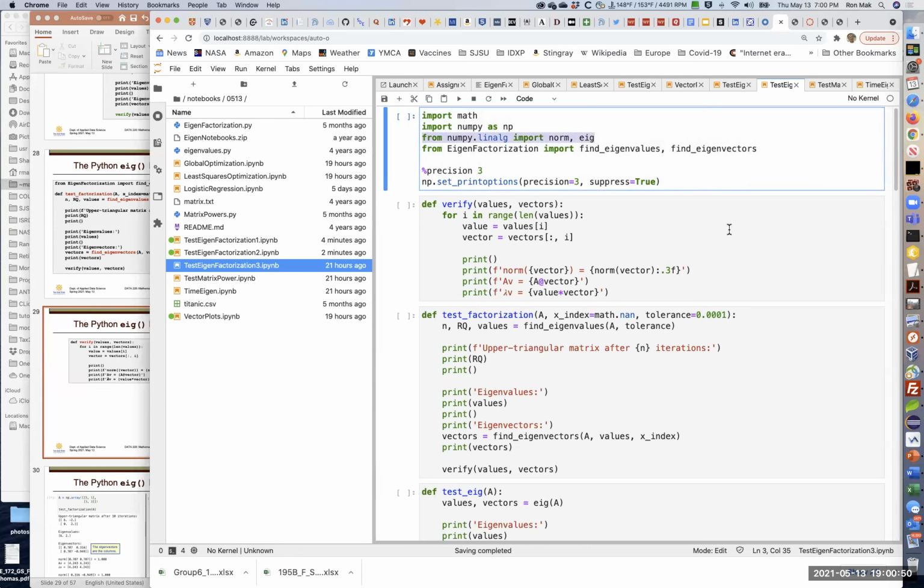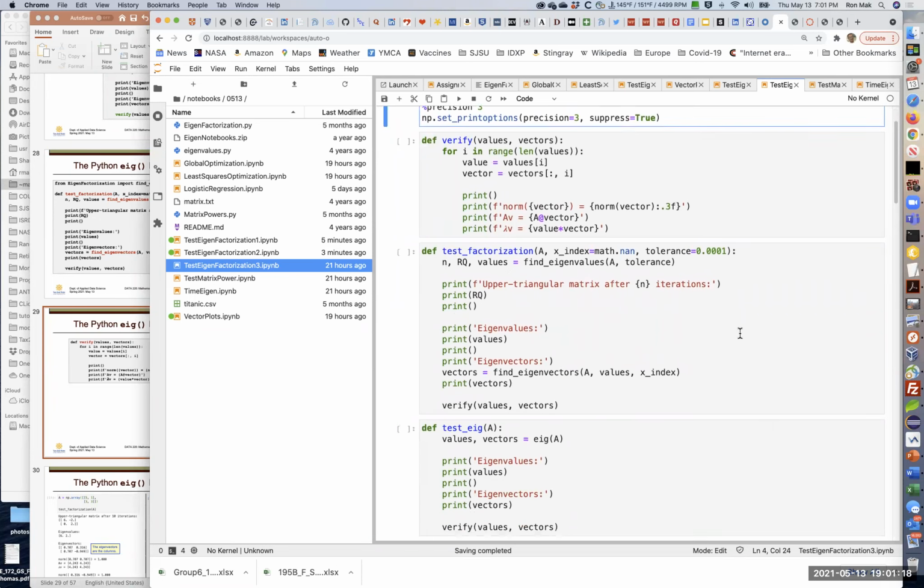I'm importing the functions that I showed you earlier, where I did all the work the hard way. Then verify is multiplying A times the eigenvector, and then multiplying lambda, the eigenvalue, times the eigenvector, and they should be the same, of course.